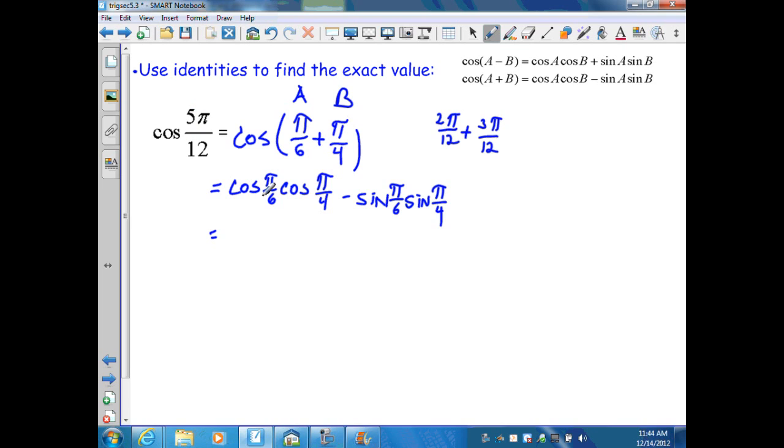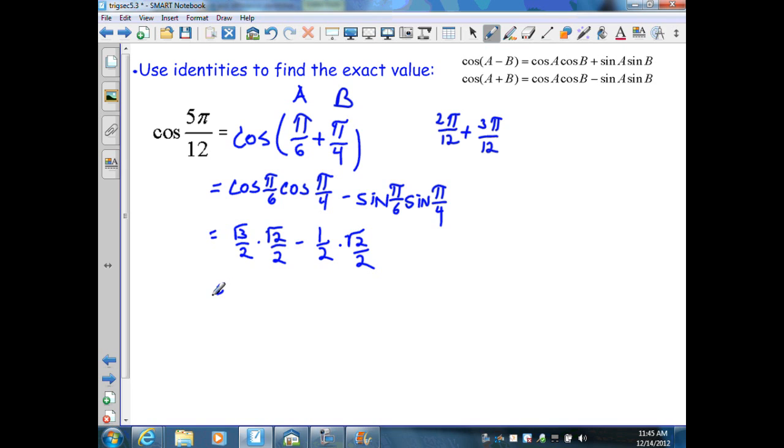Cosine of pi over 6 would be the cosine of 30, which would give us the square root of 3 over 2, times the cosine of pi fourths is cosine of 45 degrees, which is the square root of 2 over 2, minus the sine of pi 6, or the sine of 30, is 1/2. And the sine of pi fourths, or 45 degrees, is the square root of 2 over 2.